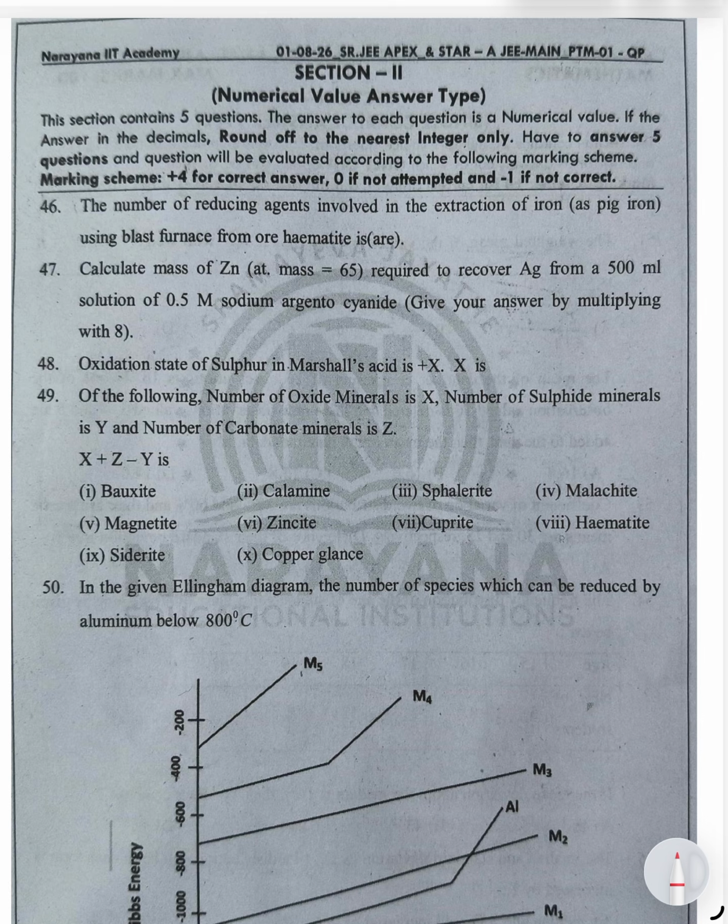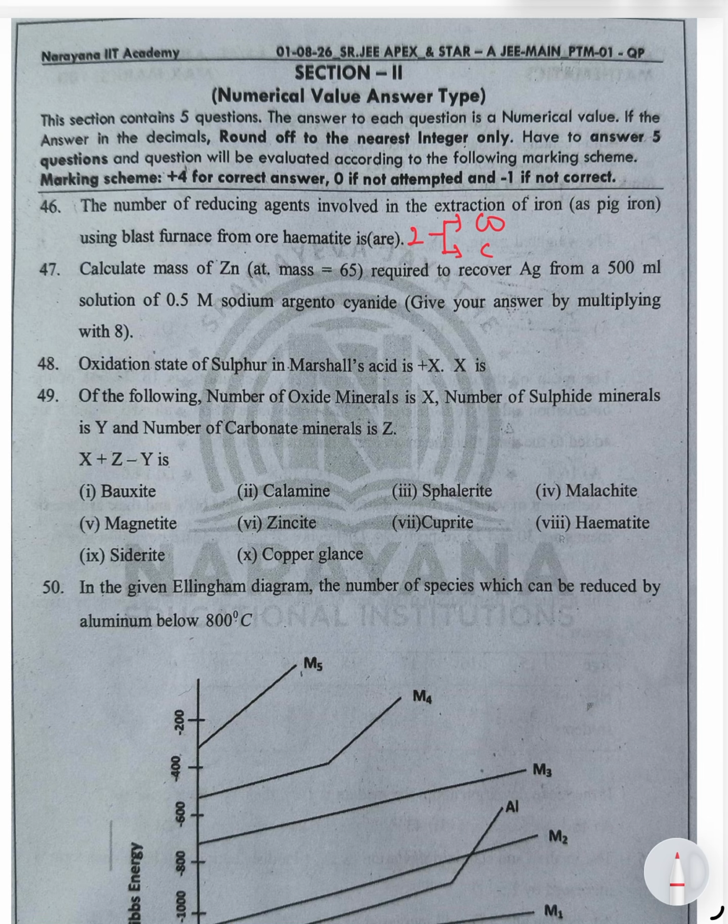The number of reducing agents involved in the extraction of iron as pig iron using a blast furnace from the hematite ore is, yes, how many are we using here? Two reducing agents: one is carbon monoxide and the other one is carbon.